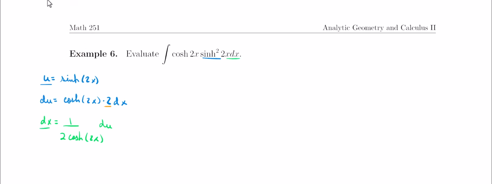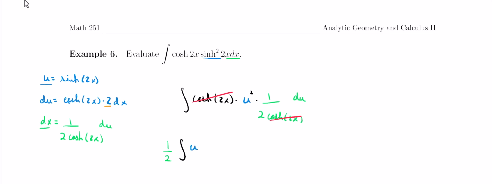We now obtain the integral of the cosh of 2x times our u squared times our dx, which we now know is 1 over 2 times the cosh of 2x du. And we see that yes, the cosh of 2x cancels out. There is a factor of 1/2 that we can take outside the integral. And we have now 1/2 times the integral of u squared du.